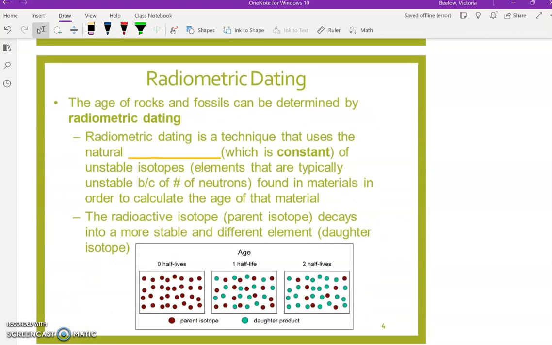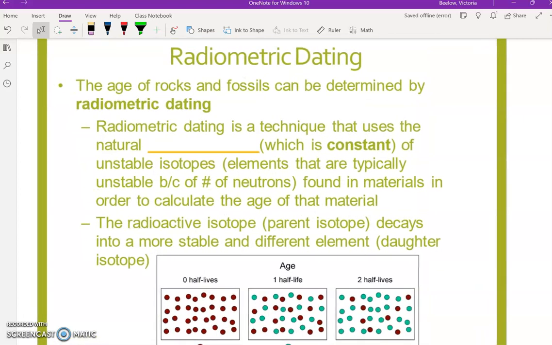So radiometric dating. We can determine the age of rocks or fossils by using something called radiometric dating. This is a technique that uses the natural decay rate of an unstable isotope, and this is constant. There are elements on the periodic table like carbon, uranium, nitrogen. Those are just a few that we're going to talk about, and they can come in different forms.